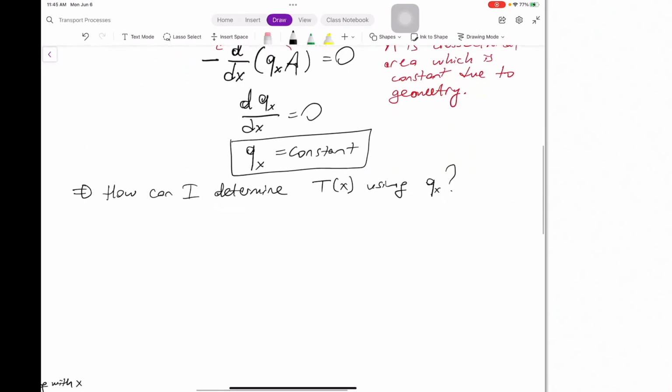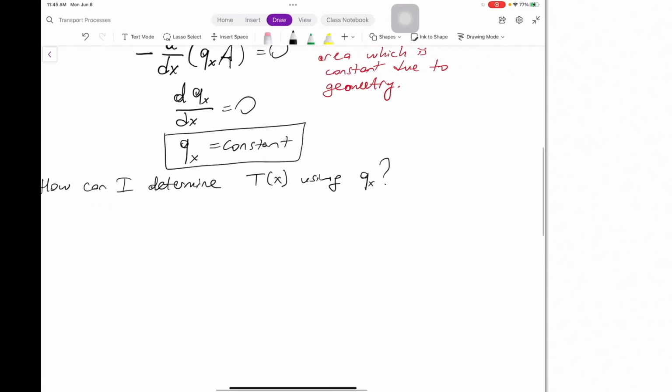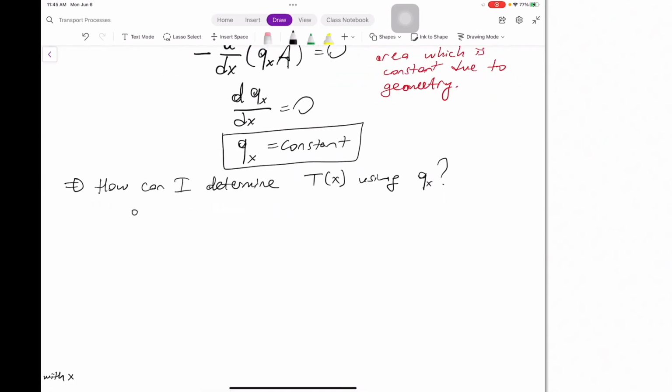So Fourier's law comes to the rescue, because if I know the qx, I can find the temperature profile, because the q along the x direction is equal to negative k dT over dx, correct? Now I learned from this equation that qx is constant. So I'm going to treat this as a constant and solve for the temperature.